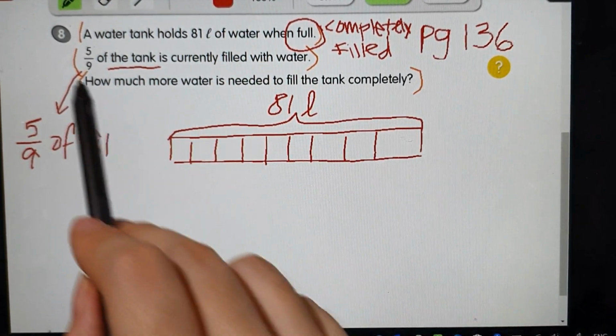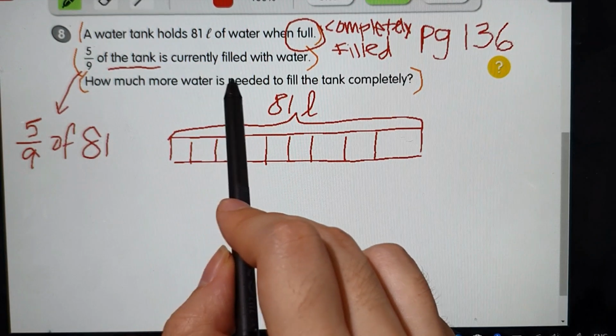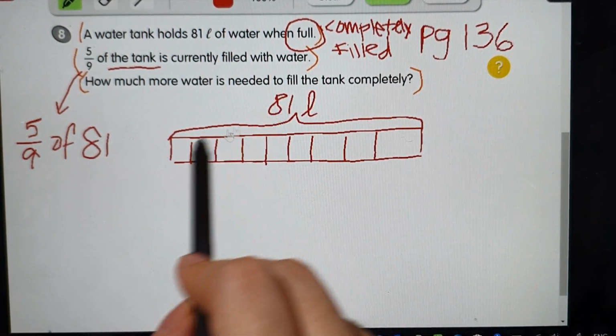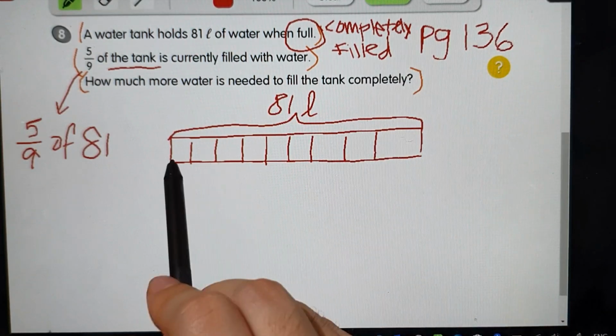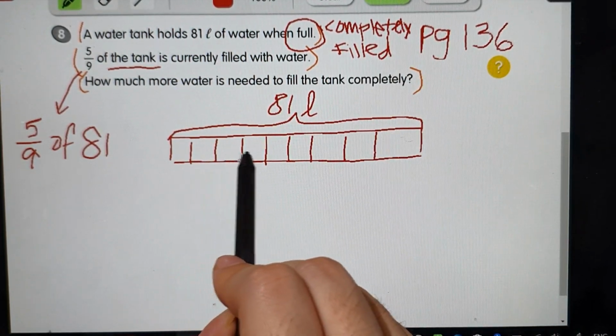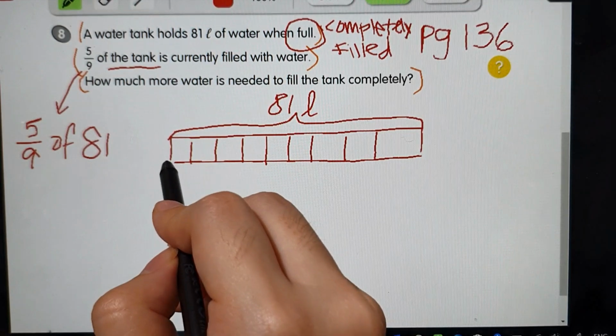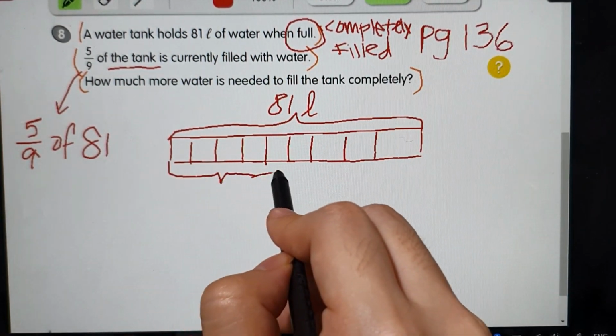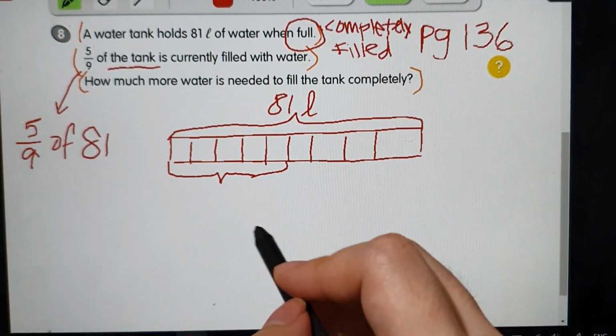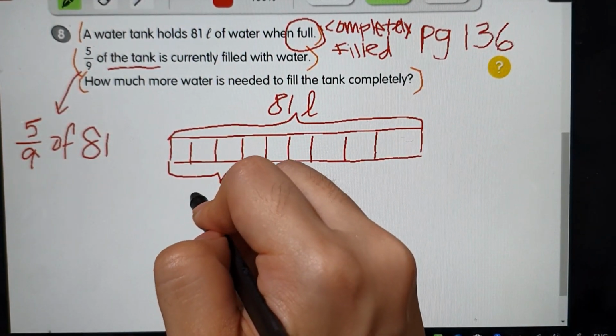So I know that 5 out of 9 of the tank is completely filled with water, meaning out of 9 units, 5 units will be filled with water. So 1, 2, 3, 4, 5. So these 5 units here will represent the tank that is filled.